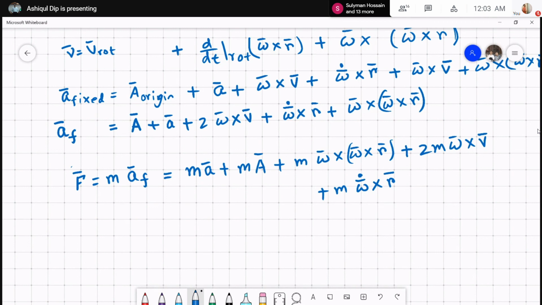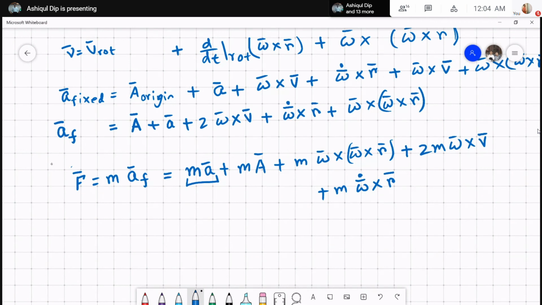Okay, now I need my MA. I want to see the form of Newton's law in the non-inertial frame, not the inertial one. I'm not interested in the inertial frame; I'm interested in the non-inertial frame. So I'm interested in MA, in small a.